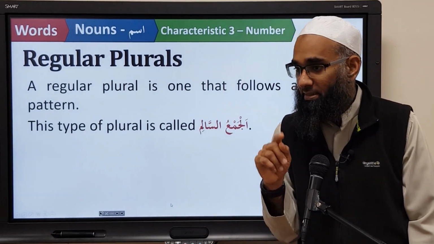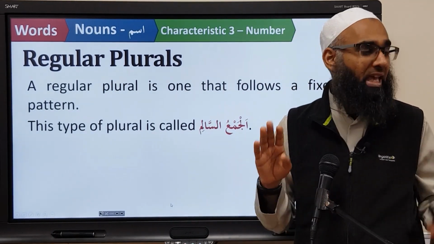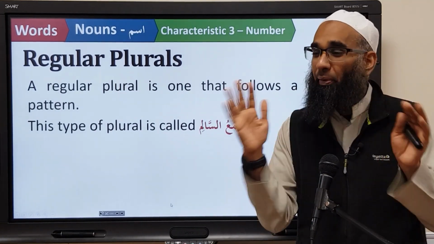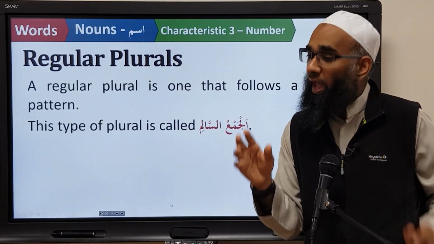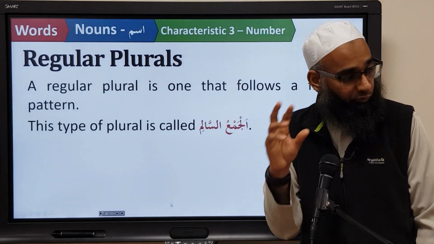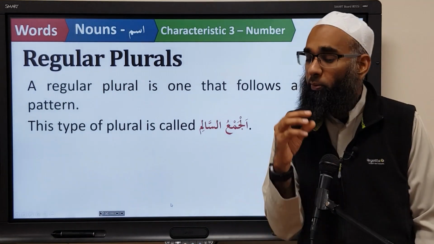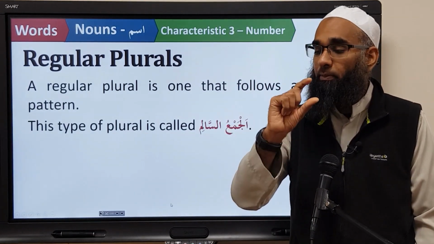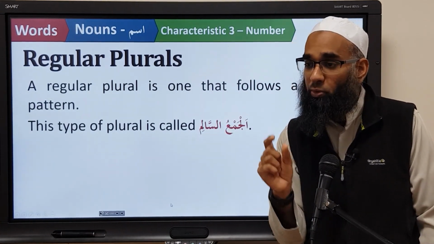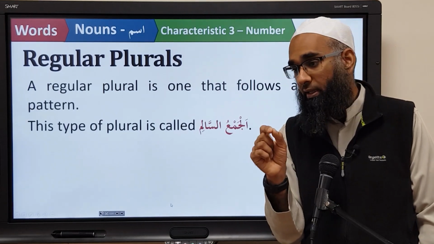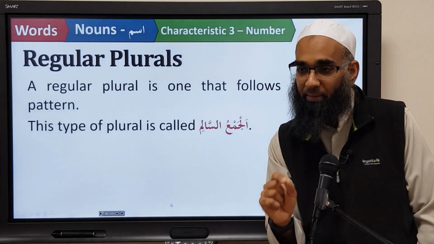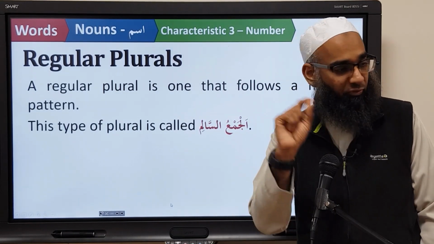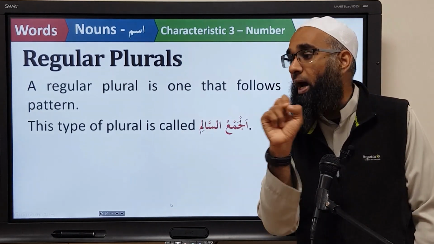Salim means to be sound, peaceful, not irregular. So if the plural follows a fixed pattern, we call it al-jam'u as-salim. That plural follows a fixed pattern, like how you add the English S.